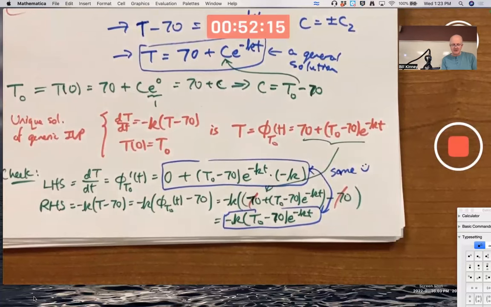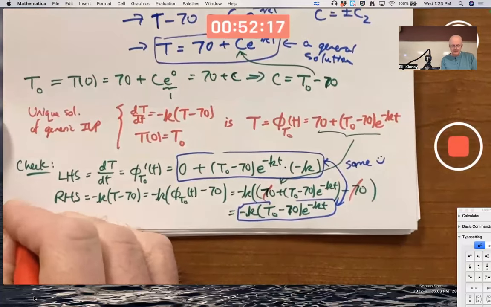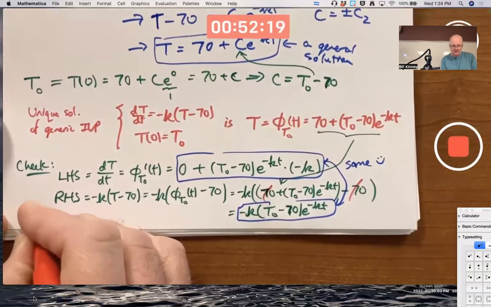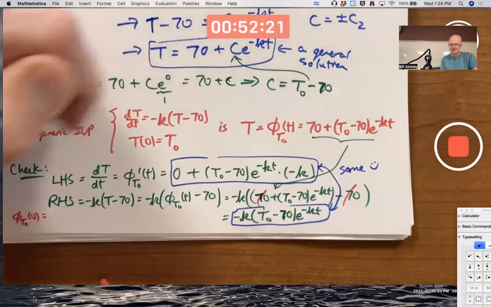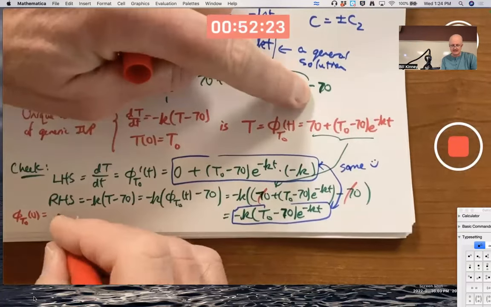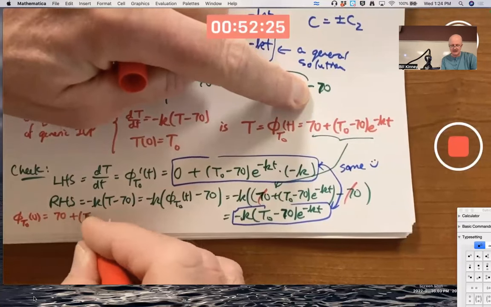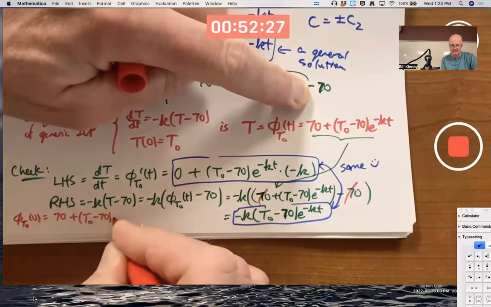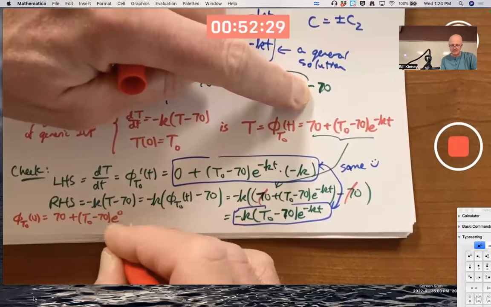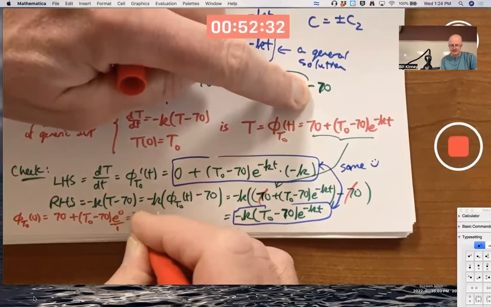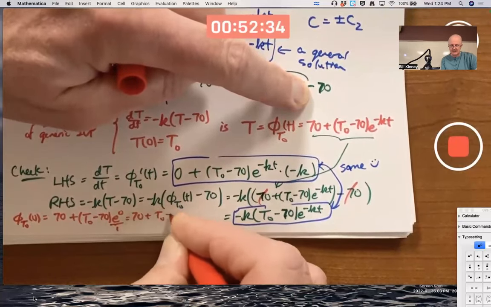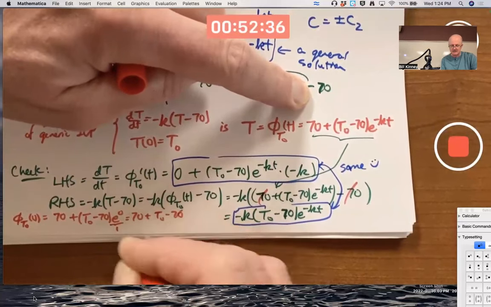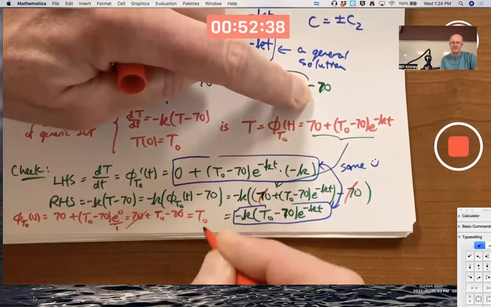We should also check the initial condition. Phi sub t naught of 0 right there is 70 plus t naught minus 70 e to the 0. E to the 0 is 1. 70 plus t naught minus 70. The 70s cancel, leaving you with t naught.